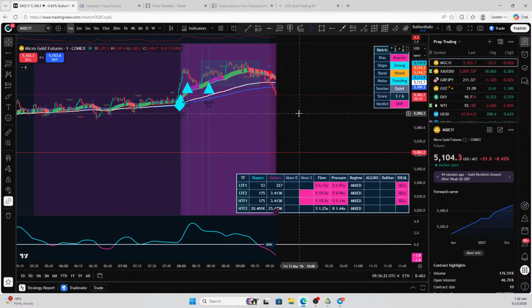So you're maximizing your chances of winning by only stepping into the market when it's ideal, when the volume is there, when the structure is ideal, and overall bias or sentiment aligns with your trade signal.